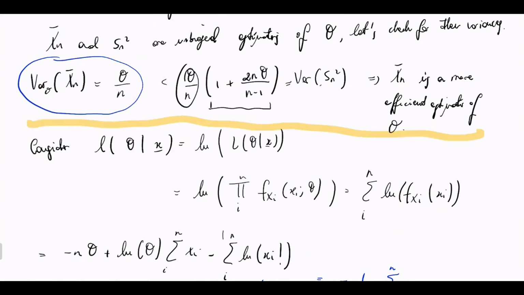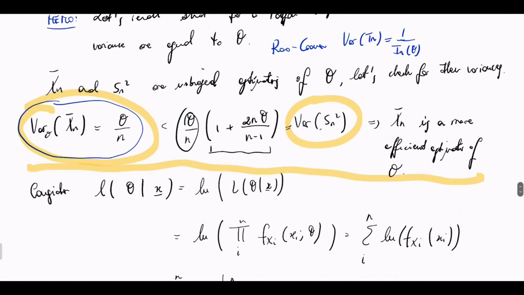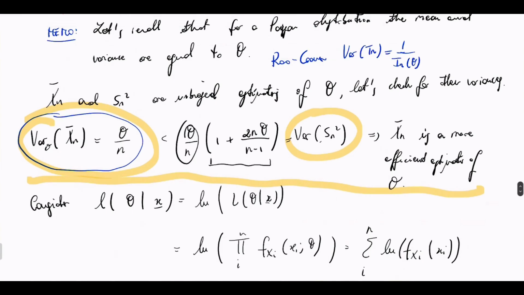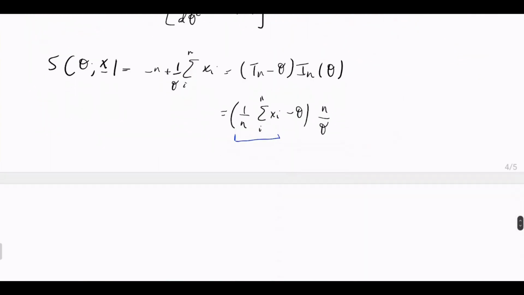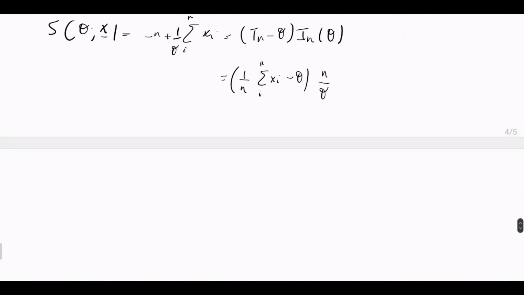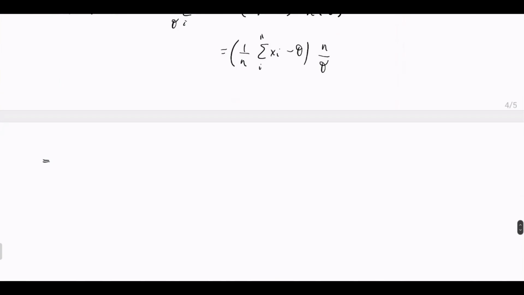We only proved that this was more efficient than the sample variance, so it had a lower variance. However, we did not say it was efficient. Now, once we have the Fisher information, you can see that it actually is efficient. So here's our unbiased and efficient estimator of theta minus the parameter times the information. If we solve for theta, we get the MLE.